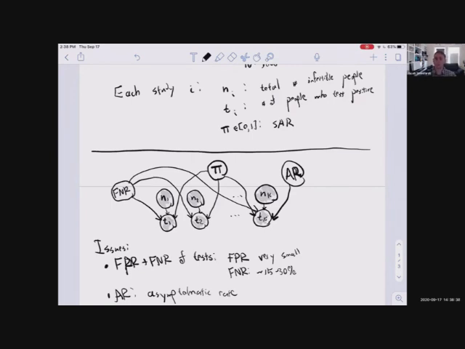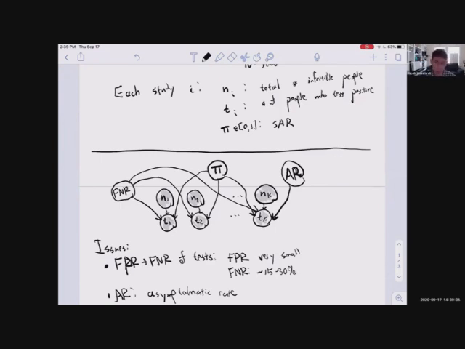So what I mean by this is that there's not actually a single SAR. There is a different secondary attack rate for each study. And that's going to depend on things like people's behavior. So for instance, maybe in some place, people are taking COVID much more seriously and practicing better hygiene, so it's lower.